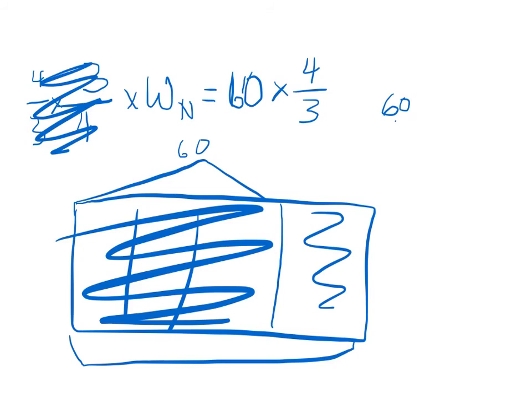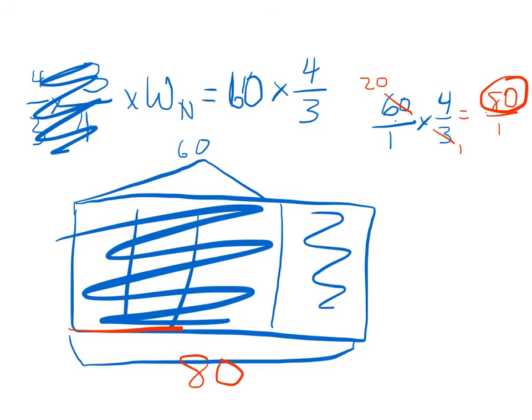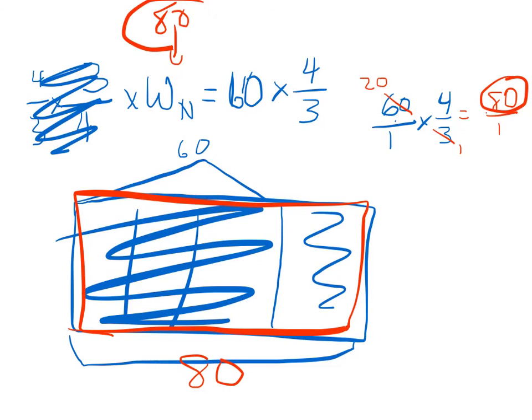So 60 over 1 times 4 over 3. I can reduce ahead of time, make that 20. 20 times 4 will equal 80 over 1. So my answer here is 80. The big number, this whole big box, was equal to 80. So the what number is 80.